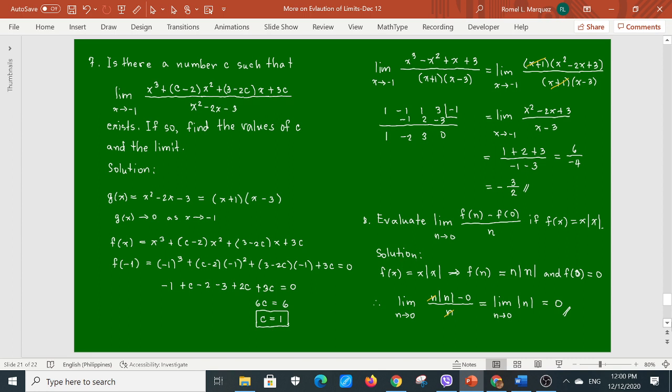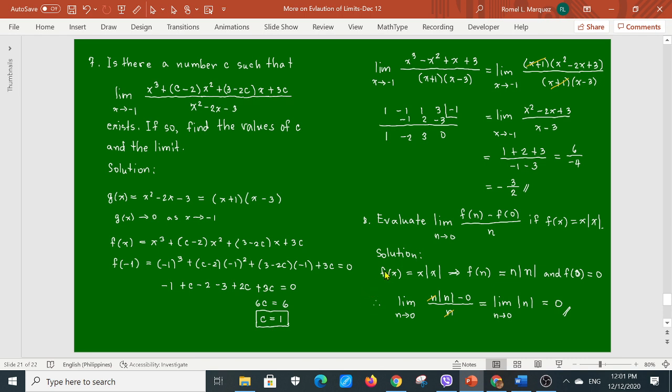Why is it not negative when going from the left? Which one? Coming from the left. This is absolute value, ha. It is only the greatest integer function that is different.